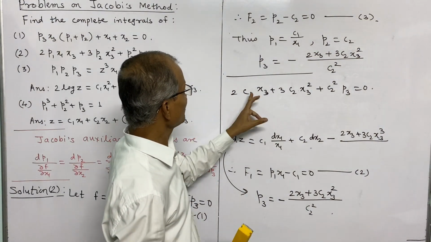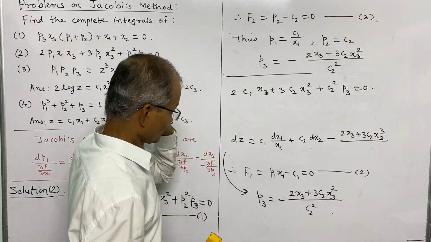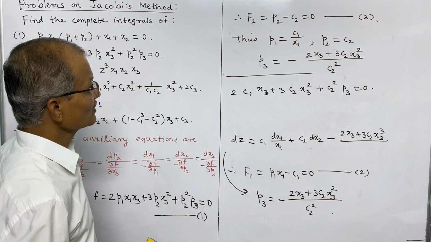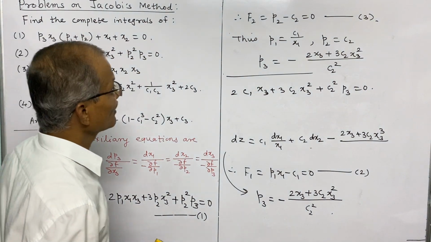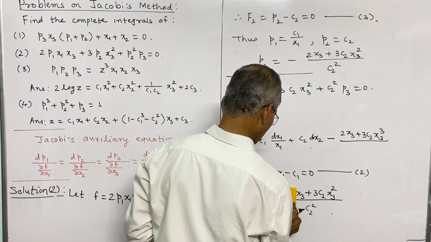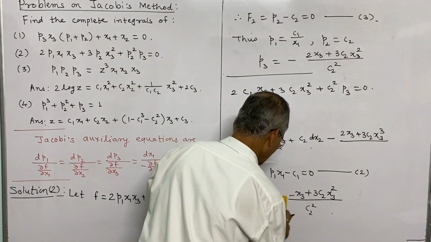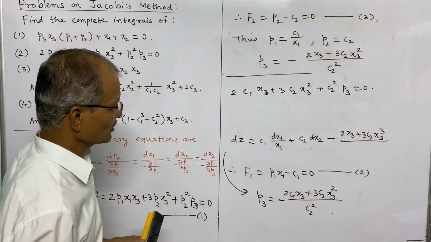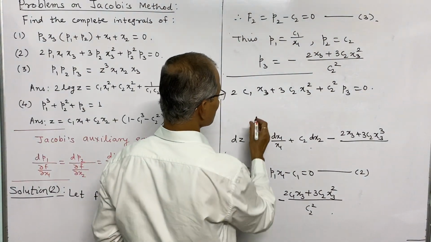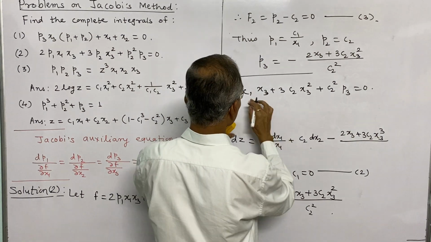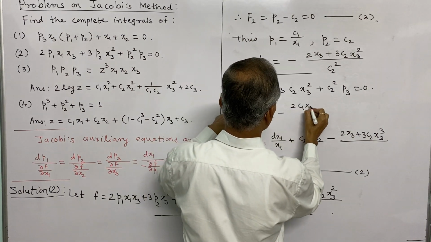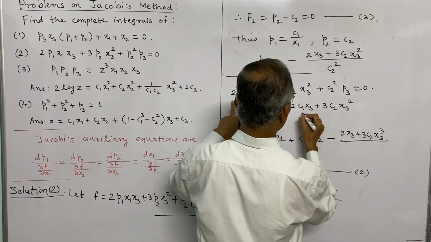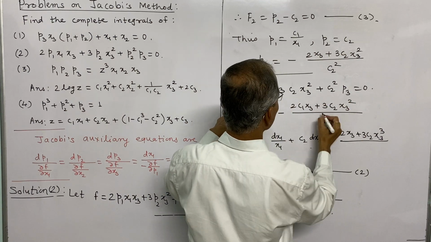So this is 2 c1. So p3 it is actually c1, 2 c1 must be there, 2 c1 x3 plus 3c2 x3 square, because this gives p3 is equal to minus 2c1 x3 plus 3c2 x3 square divided by c2 square.